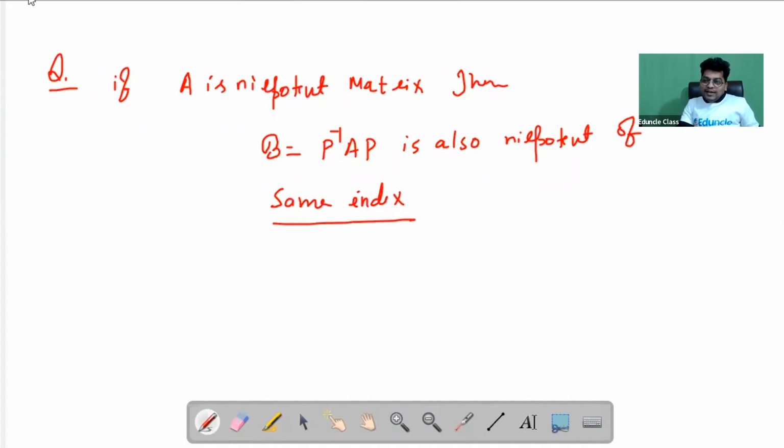Index is also same. Yes, similar nilpotent matrices have same index. ओके, यस और नो?